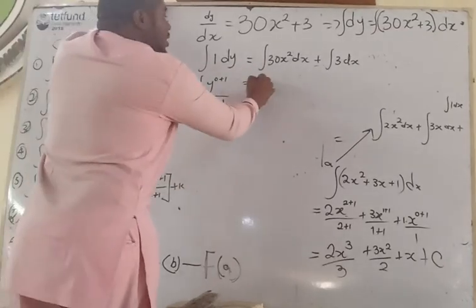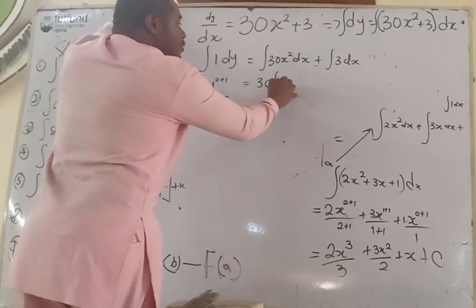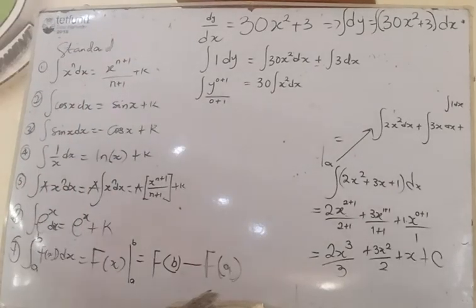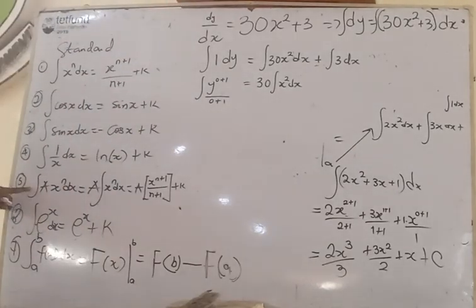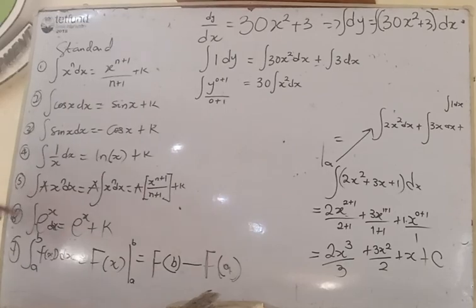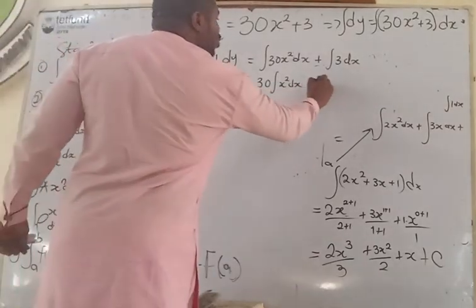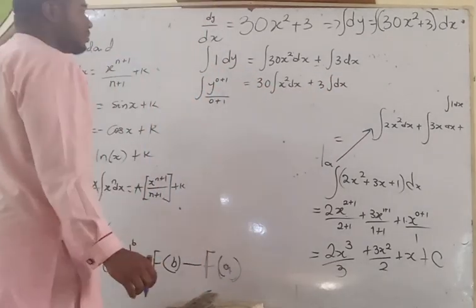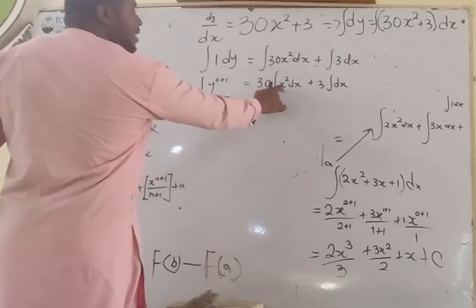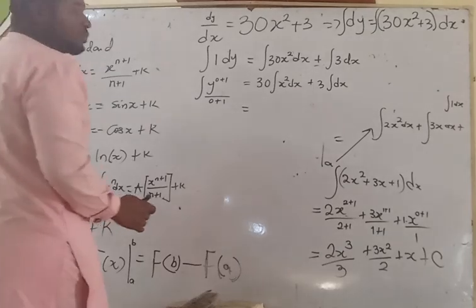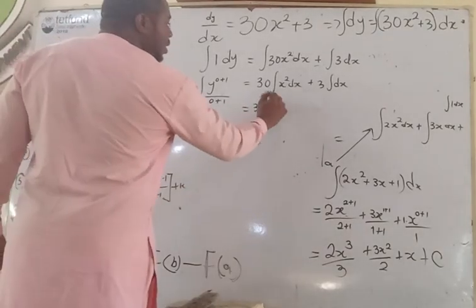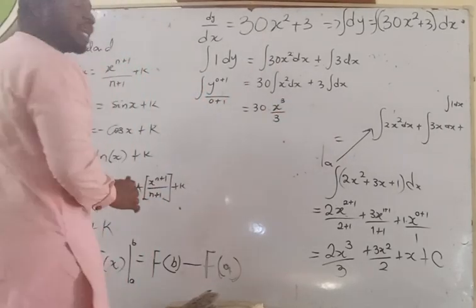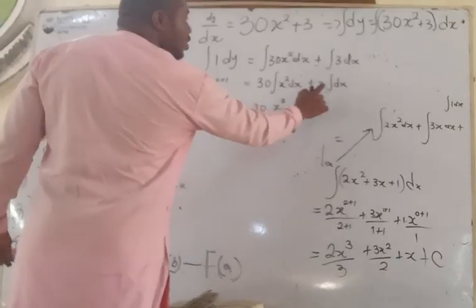So I can say 30 times the integral of x squared dx, which is x raised to the power 3 upon 3. Good. I can also push out the 3, so I have 3 times the integral of dx.